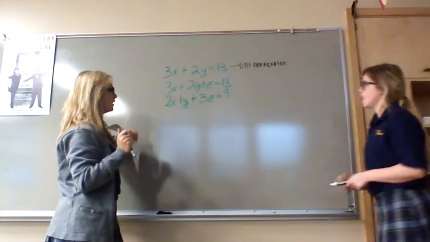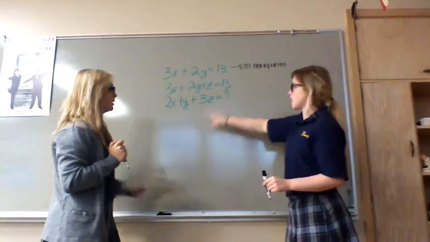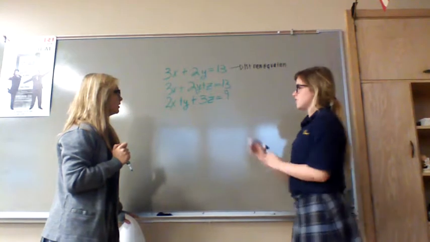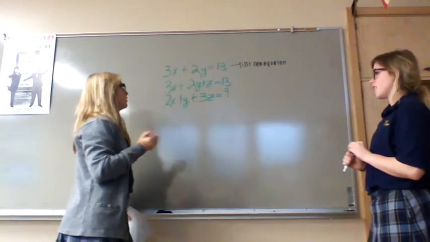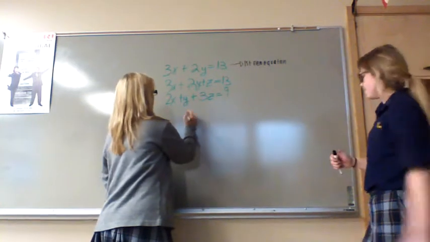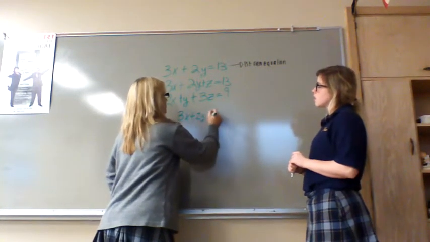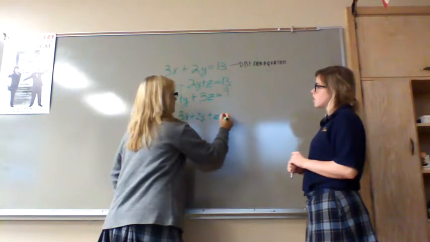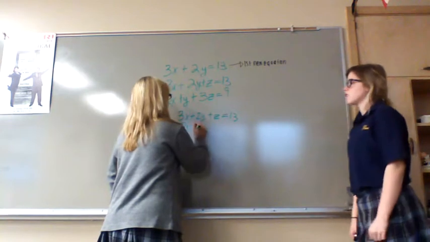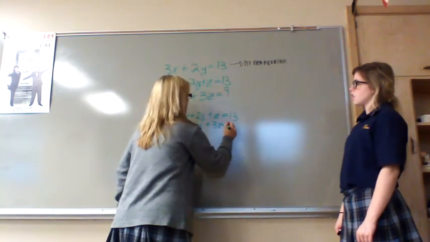Okay, and then what we have to do is put these two together and solve for z. So we'll set that up, because we want to find our second new equation. So you take 3x plus 2y plus z equals 13, and then 2x plus y plus 3z equals 9.